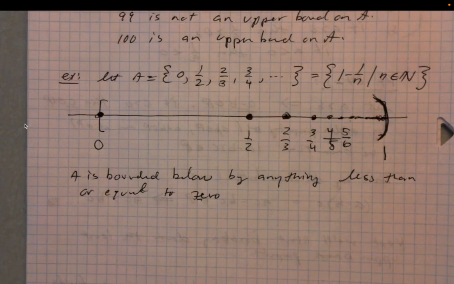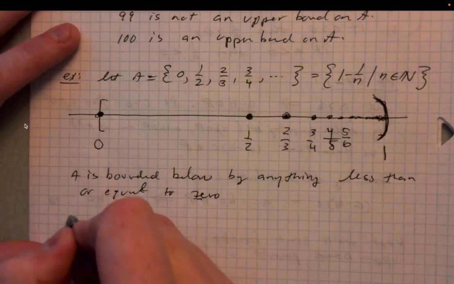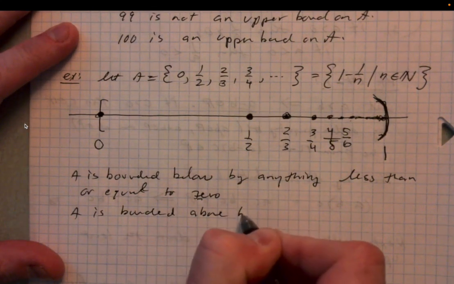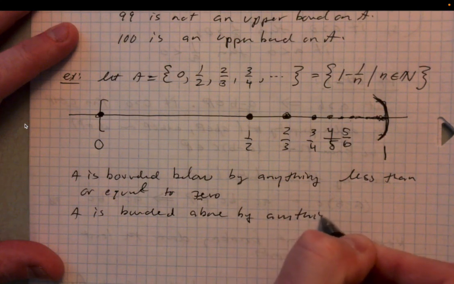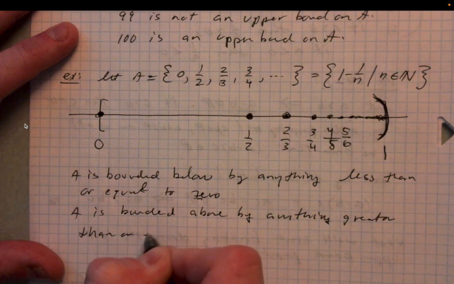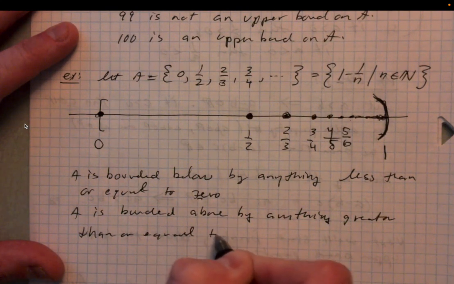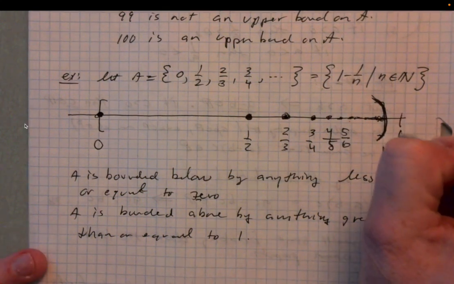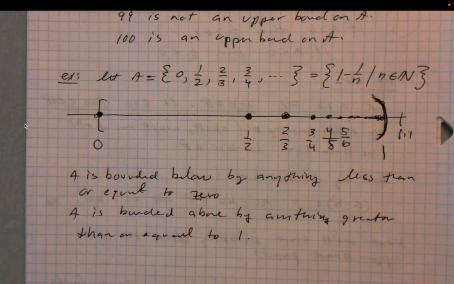Is it bounded above? Yeah, it's bounded above by any number greater than or equal to 1. You can see that from the picture. And obviously, whatever number's here, say 1.1, is an upper bound on A.